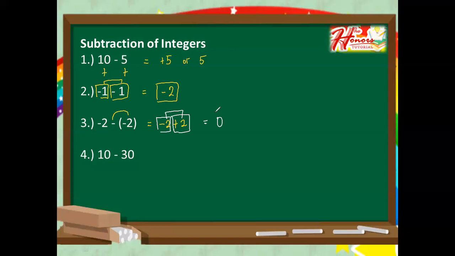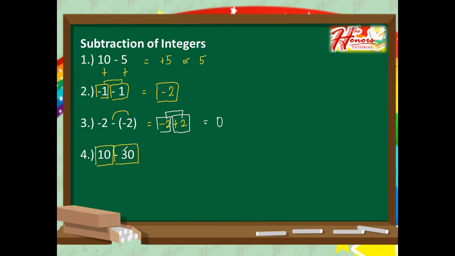Let's have number 4. For number 4, we have here 10 minus 30. So please treat it as separate numbers. So we have here positive 10 and negative 30.